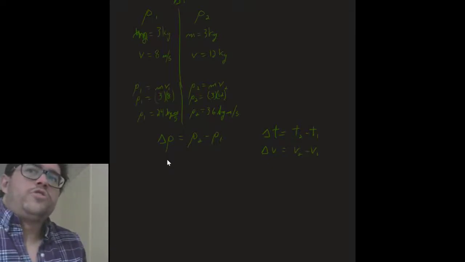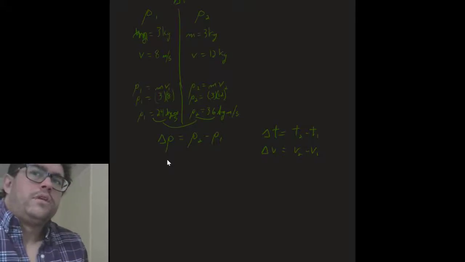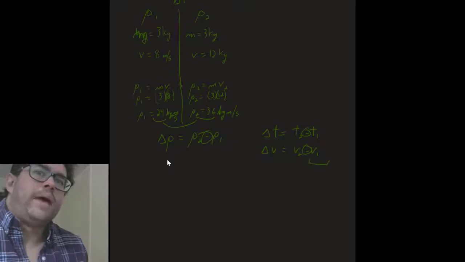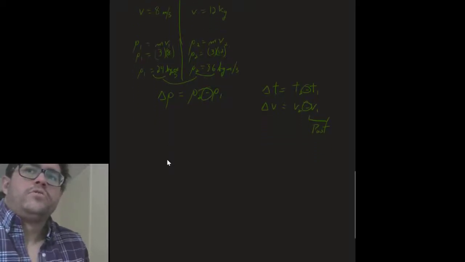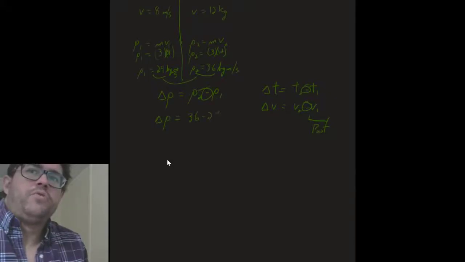We're asking, by how much did this number change from this number? What's the difference? So that's why we use a difference from the past one. So we could say that the change in momentum was 36 minus 24, so the change in momentum is 12 kilogram meter per second, same units.